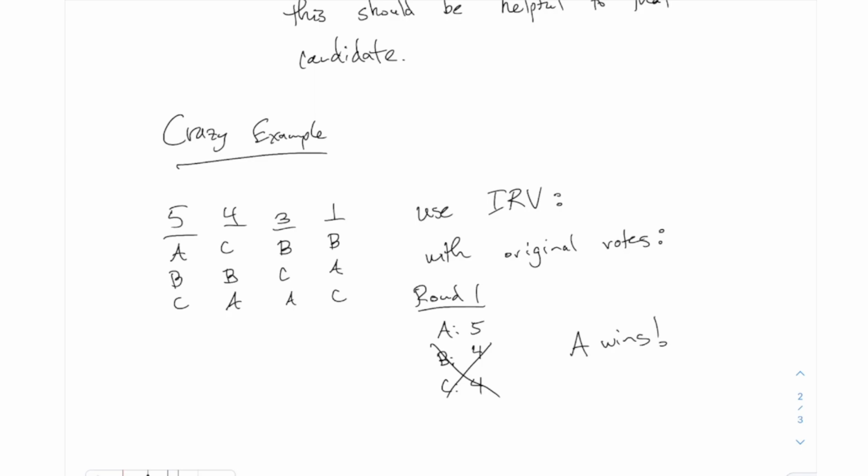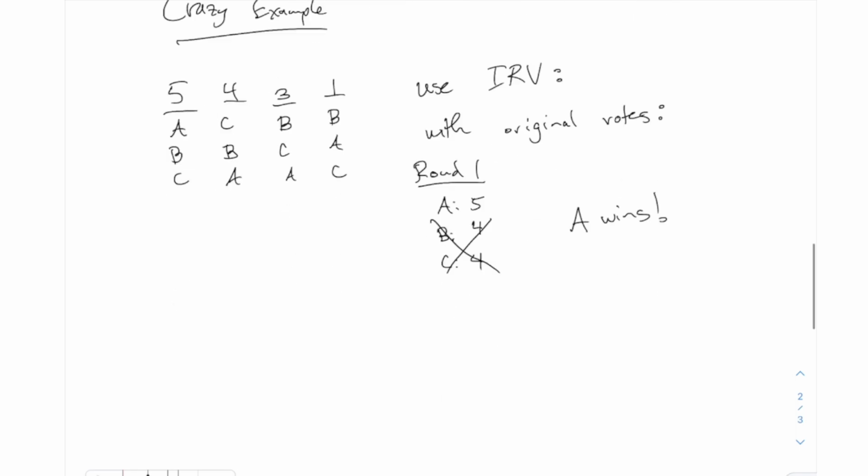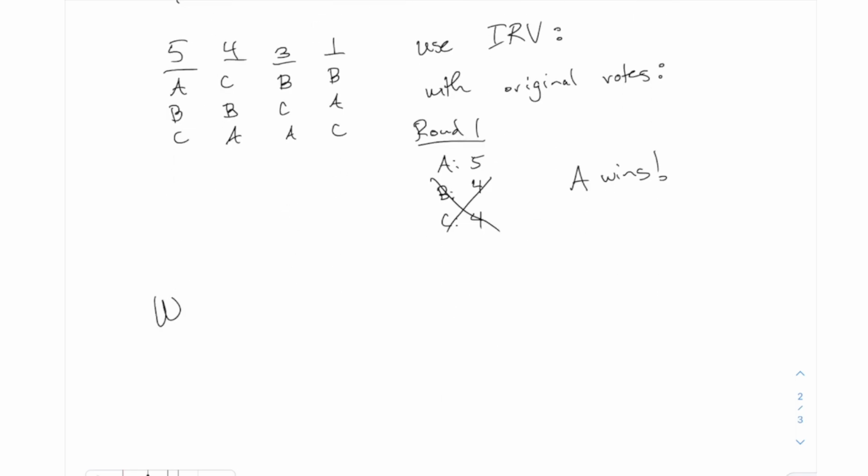What's crazy about this is I would like to consider, so with the votes as I wrote them, A is the winner. What if I change this one guy, BAC, that last vote on the end there, to ABC? All right.